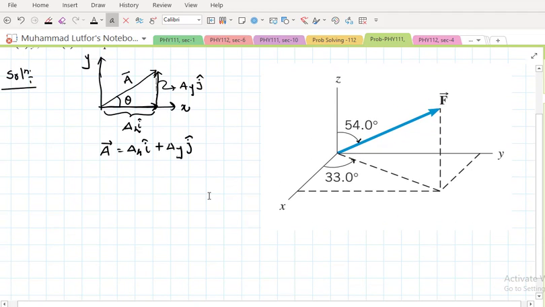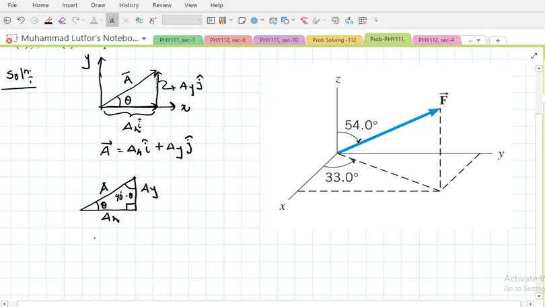Fine. Now how am I going to find the component Ax? If we think in terms of magnitude, this is your Ax length and this is your Ay length, then this will be your resultant vector A. This is a right angle triangle, this is your 90°, this angle would be theta, then this angle would be 90° minus theta.